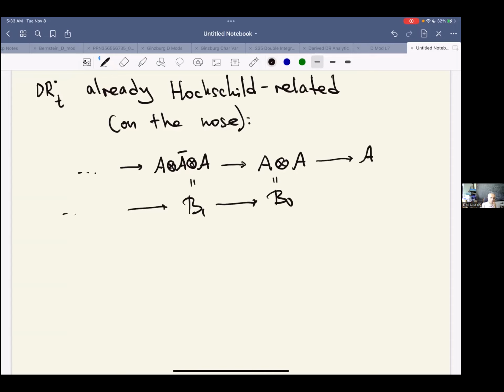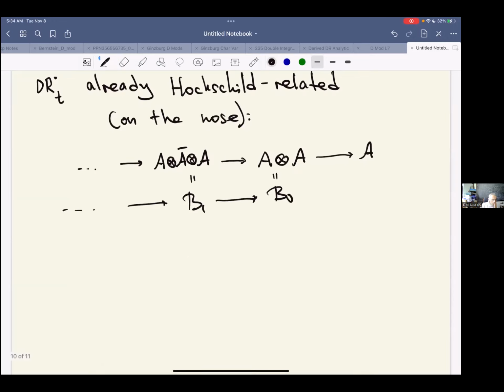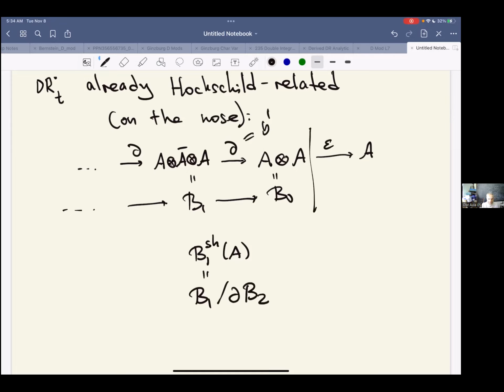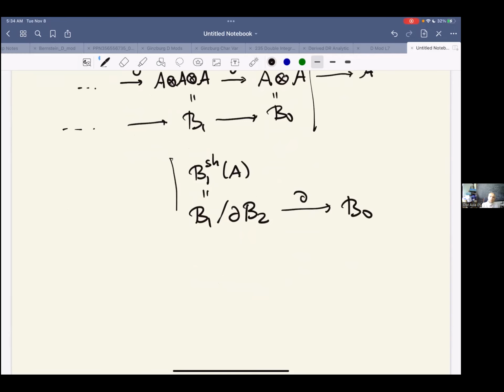So let me consider the standard bar resolution, and then consider... this is D, aka D prime in cyclic theory, and this is, I would say, epsilon. And then kind of consider truncated like this.